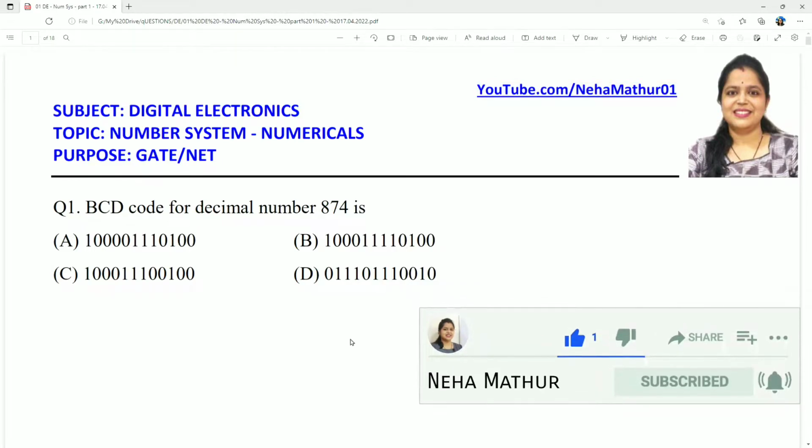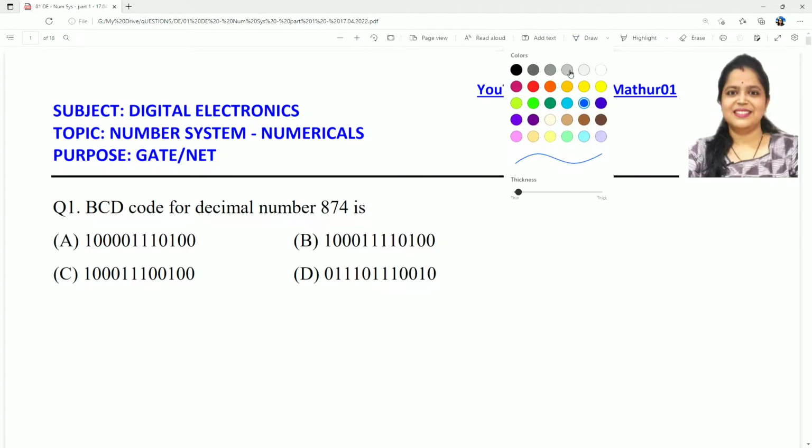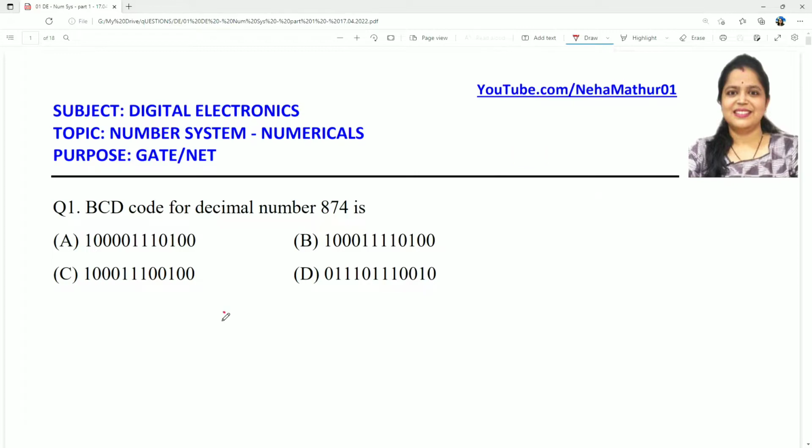So from today we will start number system, and the first question from number system is: BCD code for decimal number 874 is? The examiner wants to know what will be the BCD code for the given number 874.